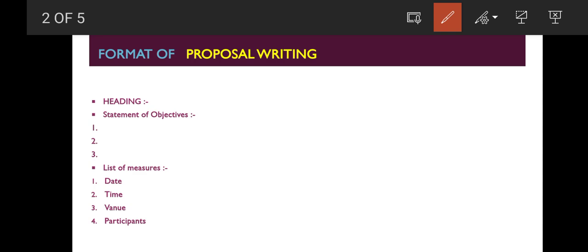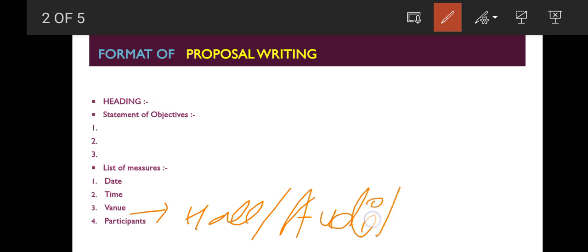Venue refers to the particular place of the occasion, where the occasion is going to be held. A school is a place we know, but in the place of venue, you could write hall or auditorium, because these are the 2 places in your school or college where the competition can take place. I hope you are understanding the points.